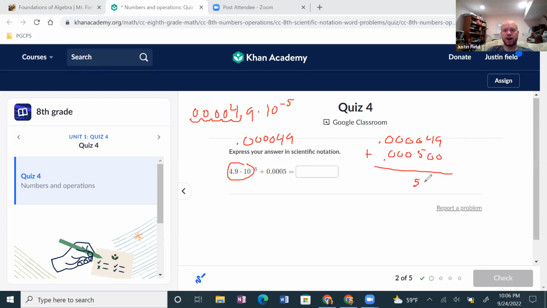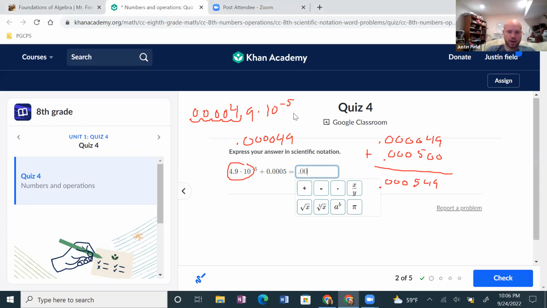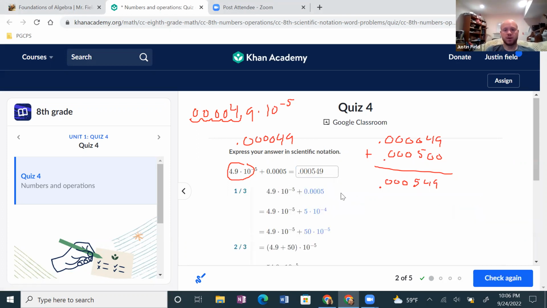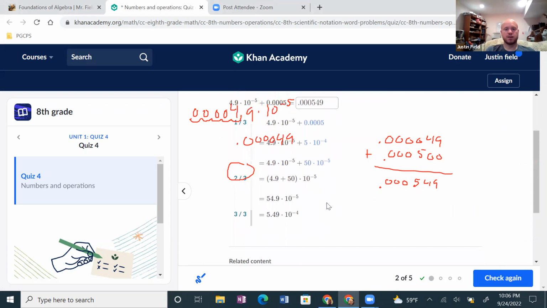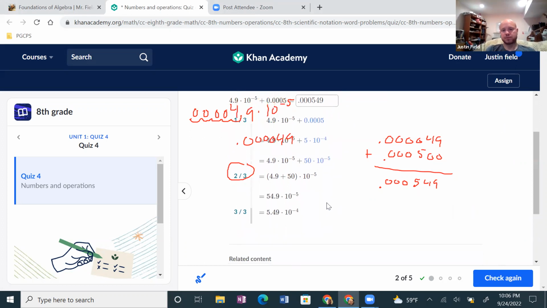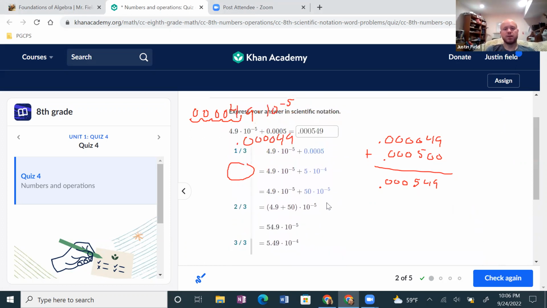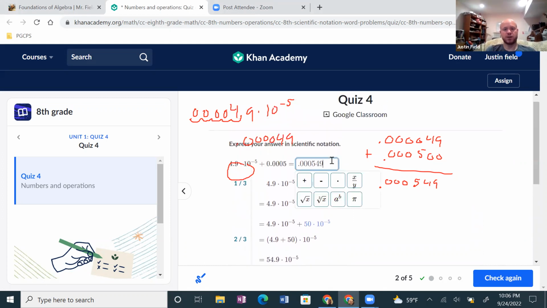So then that's just 549 with 3 zeros. Okay. So you can just choose the most efficient way. And then if you're wrong, maybe it wasn't the most efficient way. Oh, I was right, but I just didn't write it in scientific notation like they told me to. But this is the right answer.